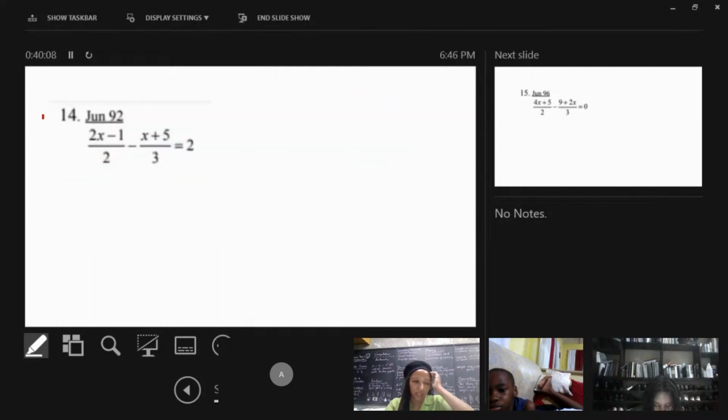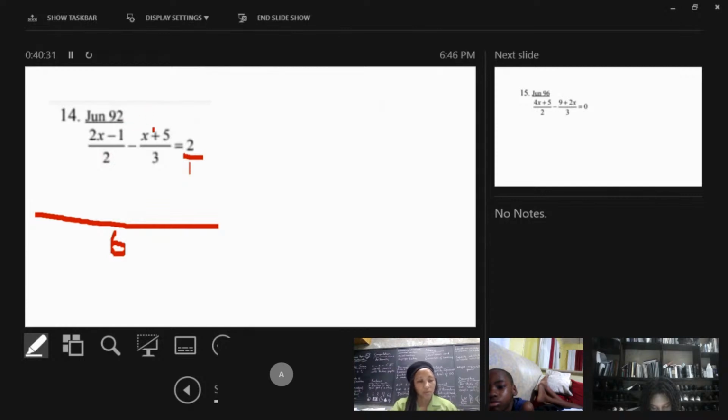All right, thank you, John. Okay, so we find the lowest common multiple of 2 and 3. Put this over one first. The lowest common multiple of 2, 3, and 1 is 6. So 2 into 6 is 3, so we multiply 2x and the minus 1 by 3.